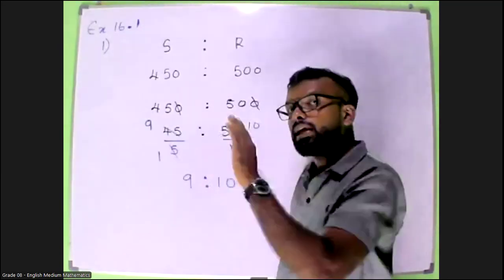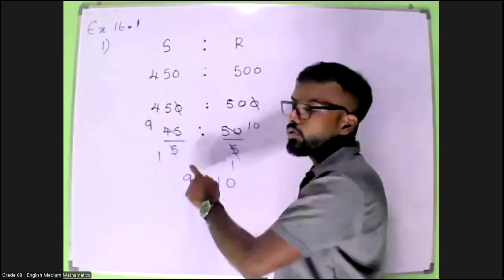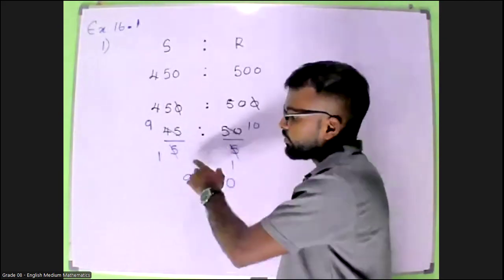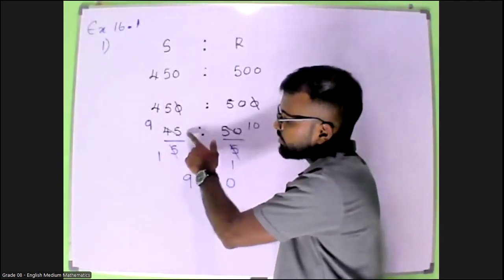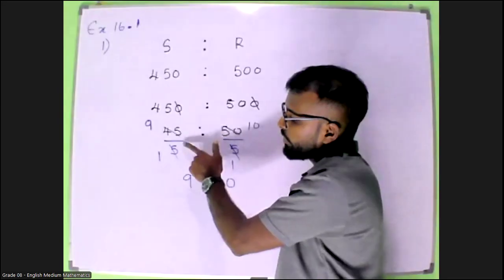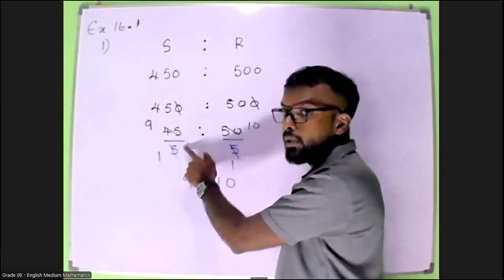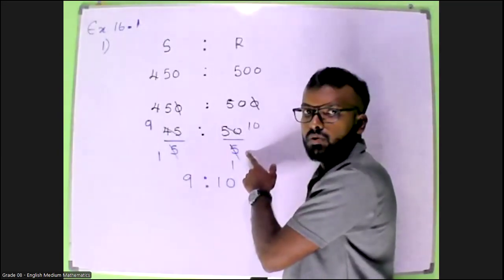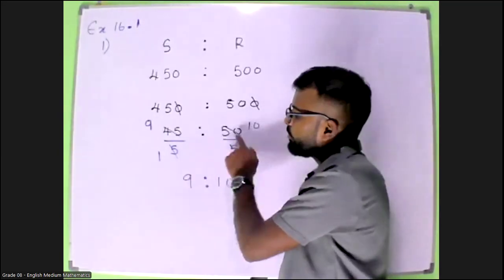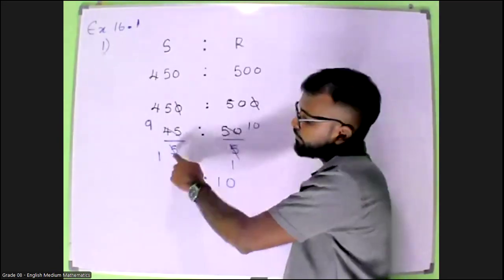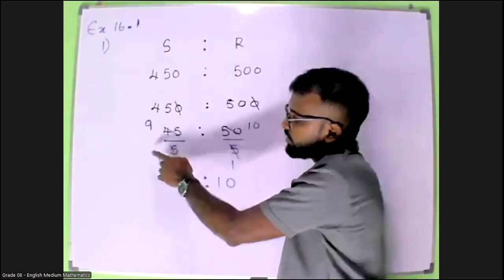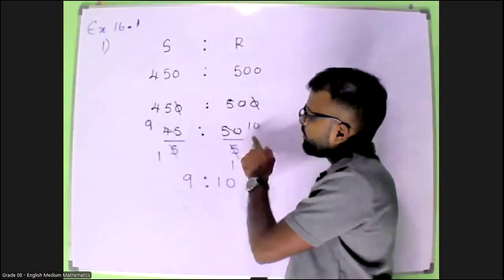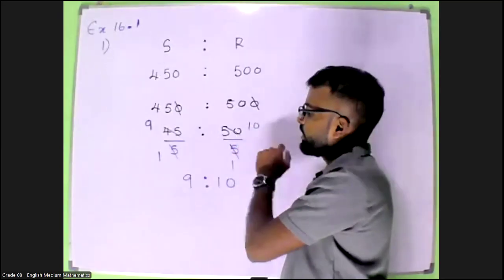45 and 50 can be divided by 5 because they are multiples of 5. So 45 divided by 5. If you divide this side by 5, you need to divide your right hand side by 5 also. 45 divided by 5, 50 divided by 5. 5 times 9 is 45, 5 times 10 is 50.